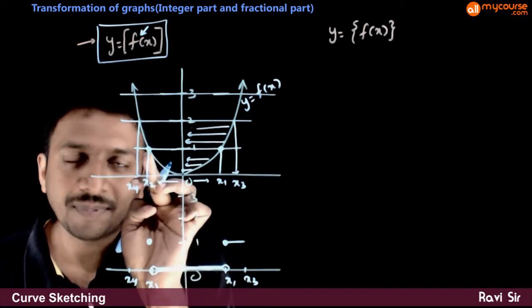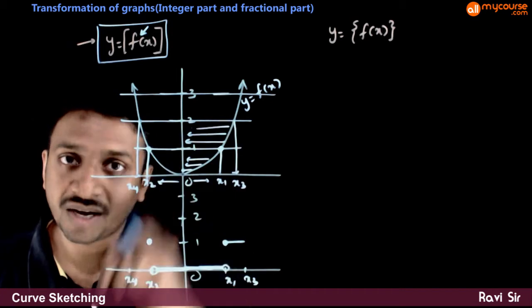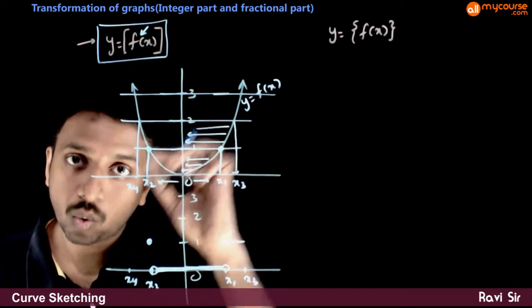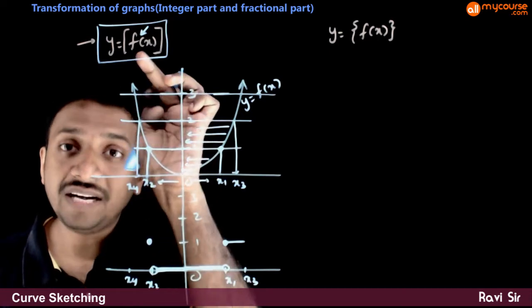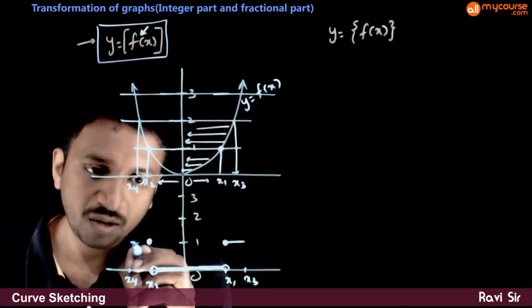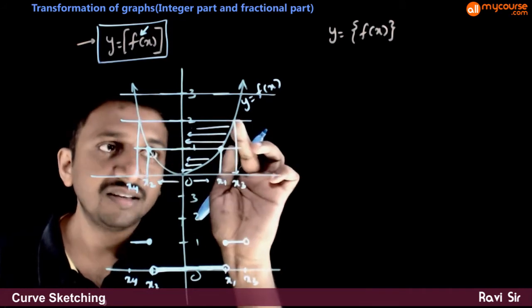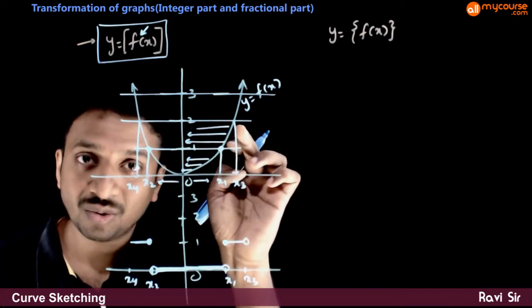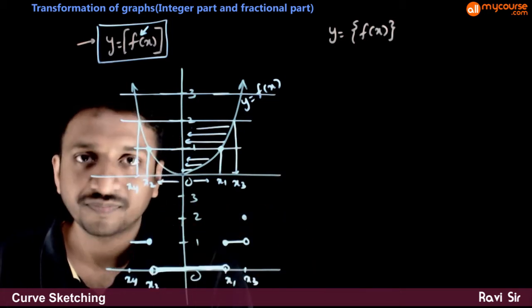A similar thing happens between x2 and x4. The value of f of x is between 1 and 2, hence the value of integer part of f of x will be equal to 1. And exactly at x3, the value of f of x is 2, so the value of integer part of f of x jumps.